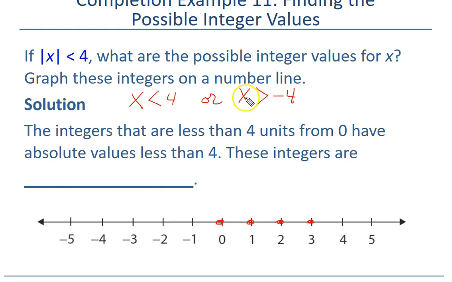It says x is greater than negative 4. So there's negative 4. Greater than negative 4 would start here, and being greater, the negative numbers would get smaller as they approach this. So this is the proper graphing for something like this, where it's solved in this way, and then this would be the graph of it.